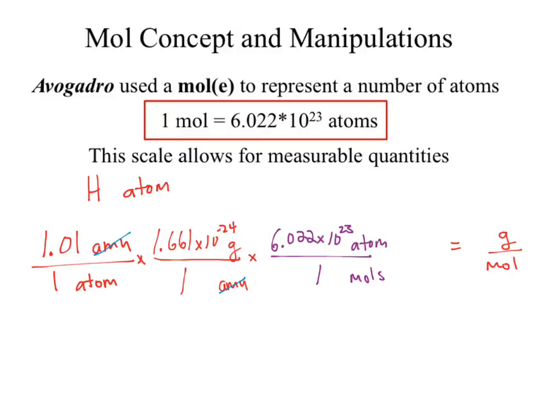Grams we don't want to cancel out. We want that in our answer. We want it in the numerator. If we do go through and cancel, we'll have atoms canceling, and my units would be grams per mole. A few of you got calculators out. Punch that into the calculator. What do we get?